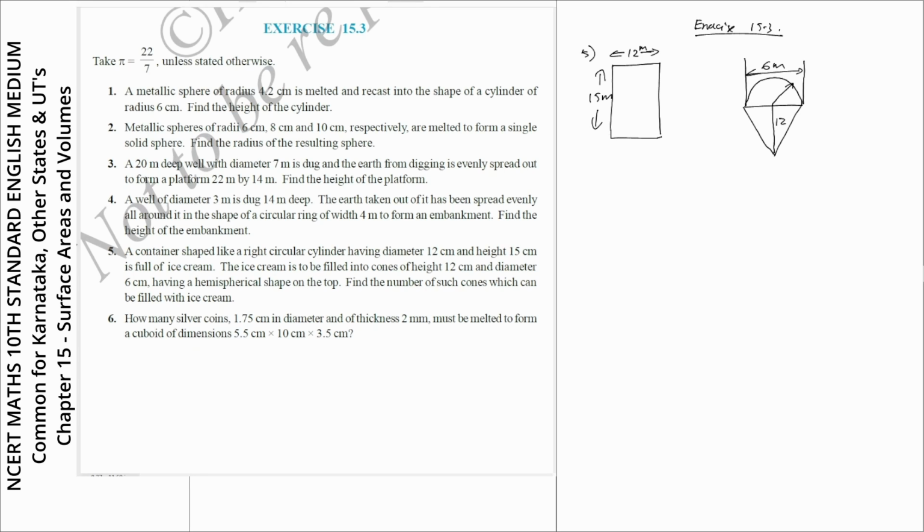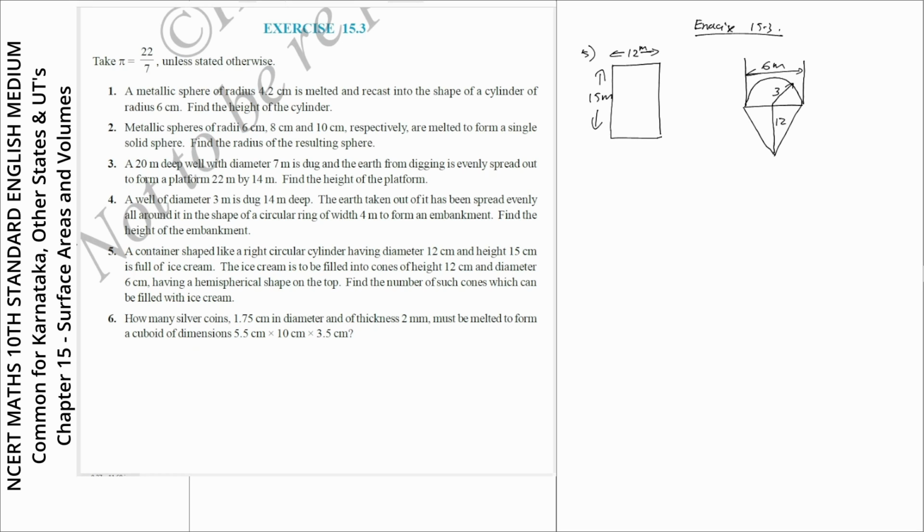The cone's height is 12 and its diameter is 6, therefore the radius of the cone will be 3. Also the radius of the hemisphere will be 3. Now how many cones do I need such that I can pour all this ice cream into these cones? That's the question.